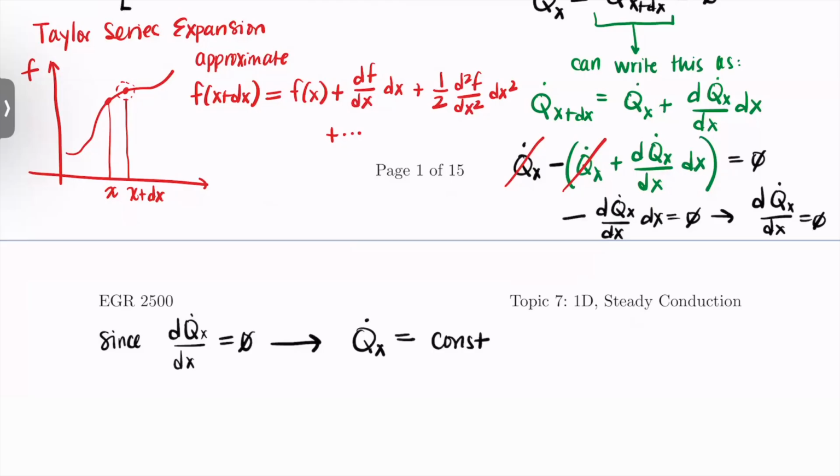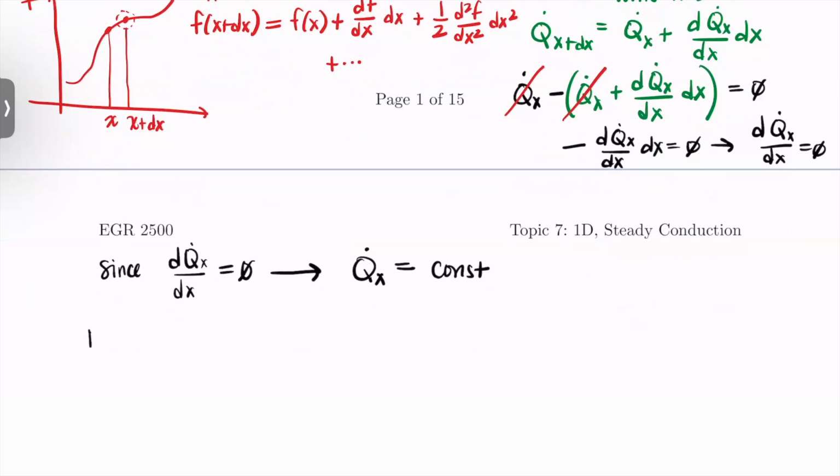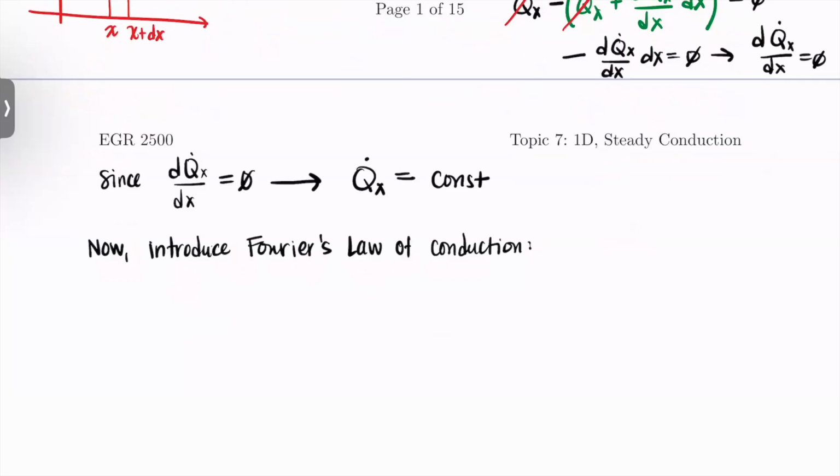All right. So now let's introduce Fourier's law of conduction. All right, so we have that q dot x is equal to minus k a dT dx.